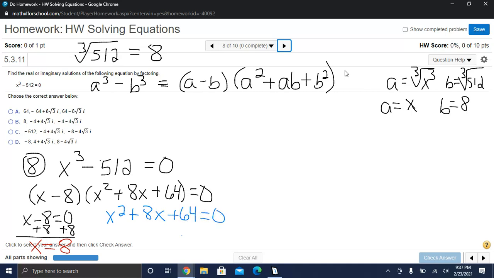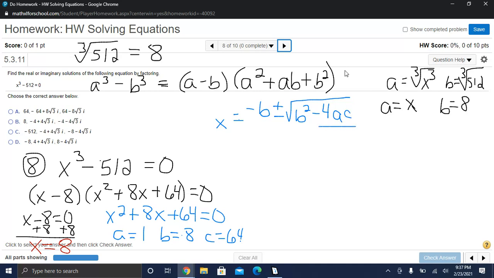Now, it will not factor, and so we're going to need to do the quadratic formula for this. So a is 1, b is 8, and c is 64. And I'm going to do the quadratic formula. x equals negative b plus or minus the square root of b squared minus 4ac over 2a.